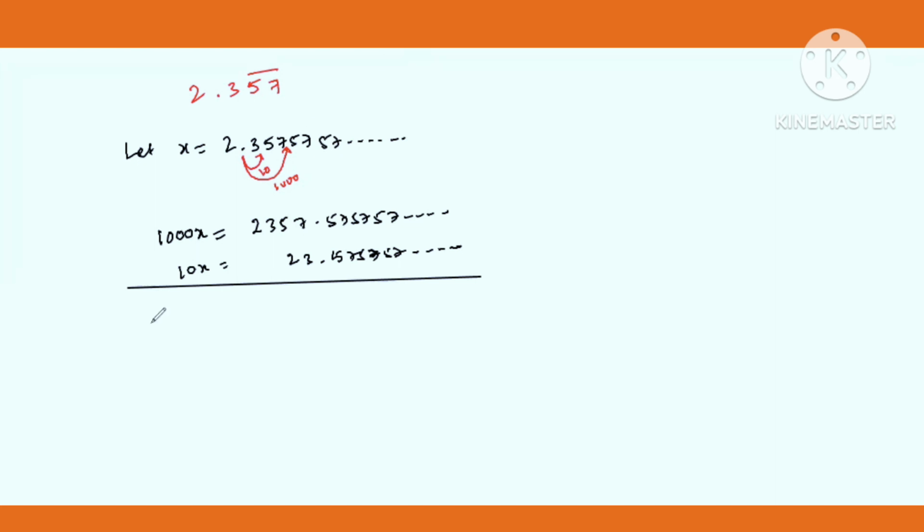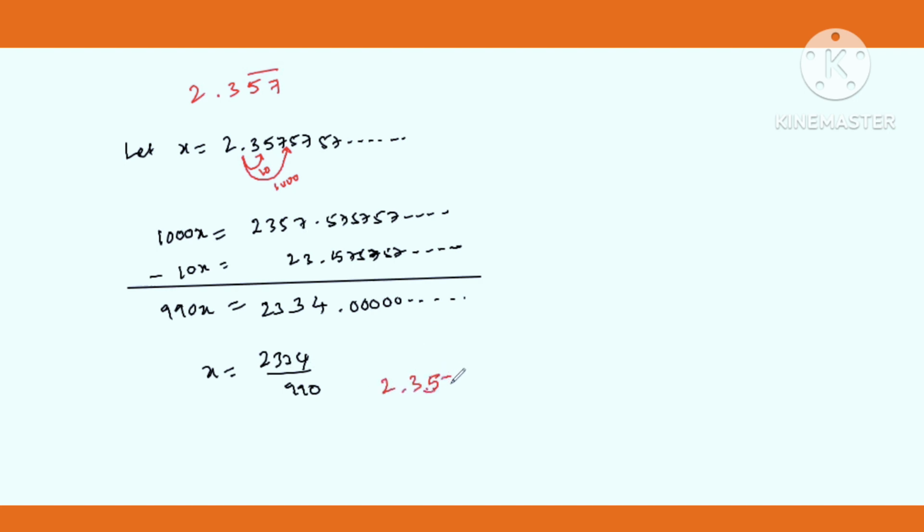So we get 990x, 1000 minus 10 is 990x, equal to, after the point we have all zeros because all the 57s are there. 7 minus 3 is 4, 5 minus 2 is 3, 3 and 2. So we get the answer 2334 by 990. If you are able to simplify that, you can simplify that.